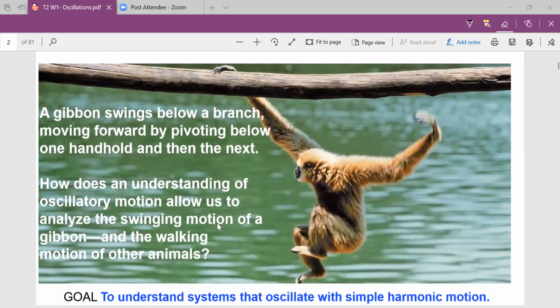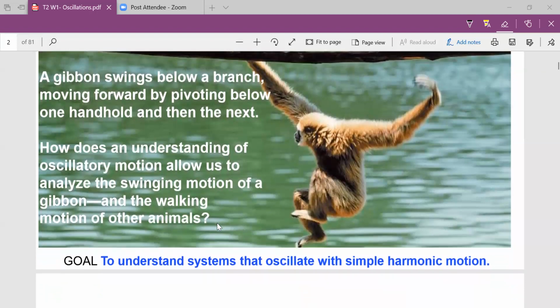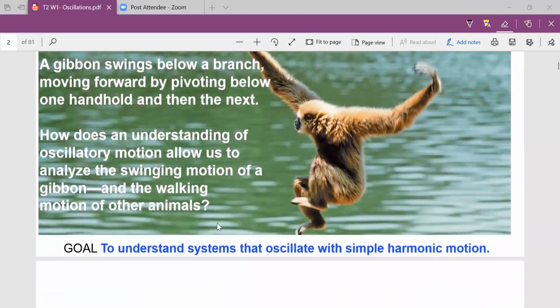Like we see in the picture in this image, the motion of the gibbon swinging over its pivot, using the hand to swing across the water on that tree. This kind of motion for animals, objects, and so on is what we'll be looking at. Our goal is to understand the system that oscillates with simple harmonic motion.